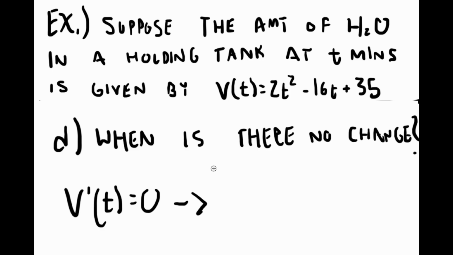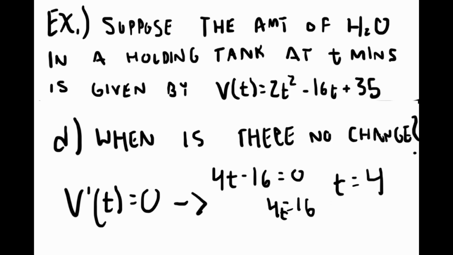So it'll just be 4t minus 16 is equal to 0, or 4t is equal to 16. T is equal to 4. And that is when there will be no rate of change for v prime of t. So we would say t equals 4 minutes, basically.